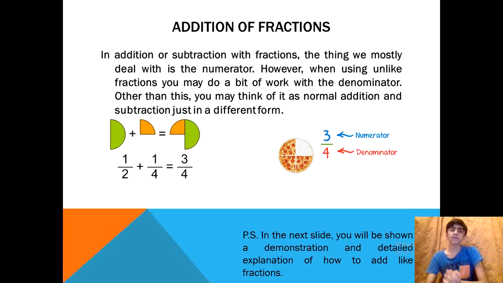Whenever we are adding or subtracting fractions, the thing we mostly deal with is the denominator and the numerator, especially when dealing with like fractions. However, when we use unlike fractions, which are fractions with different denominators like these, it becomes a bit complicated.